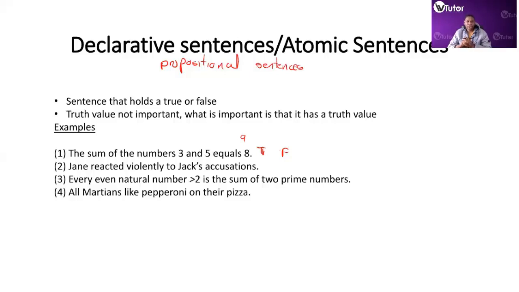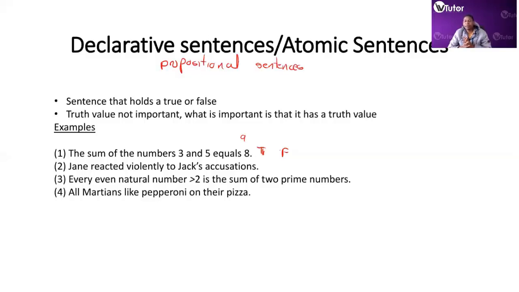Let's look at number 2. Jane reacted violently to Jake's accusations. Either this happened or this did not happen, so it is a propositional statement. Then, every even number greater than 2 is the sum of 2 prime numbers.